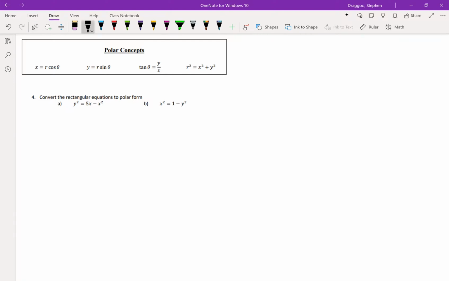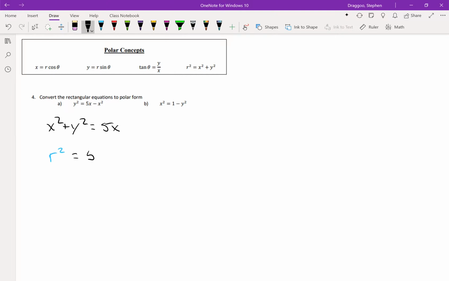So in that first one, in part A, the first step I'll take is to move that x squared over to the other side so that I'll have x squared plus y squared is equal to 5x. And then in this step, I'll make some substitutions. So x squared plus y squared I know is equal to r squared.